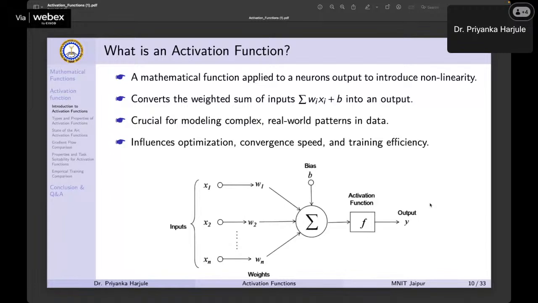Without activation, a neural network becomes just like a linear model, no matter how many layers you keep on adding. So the activation function is allowing the network to approximate any nonlinear function, which is the case in the real world scenario. It is converting the weighted sum to the output. So it passes it through a function f to get the output y.